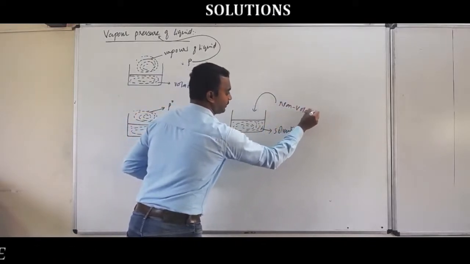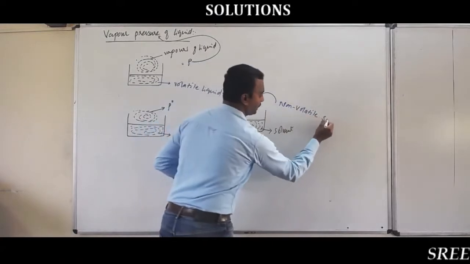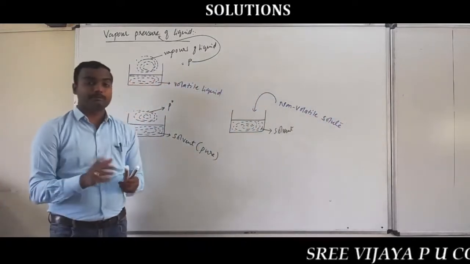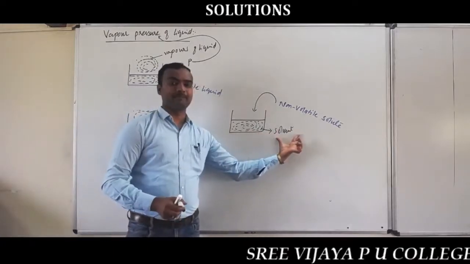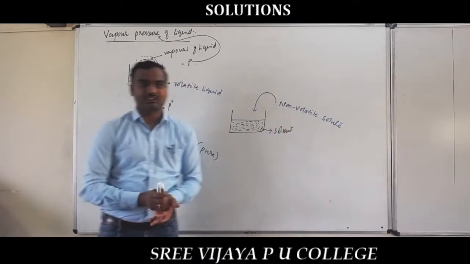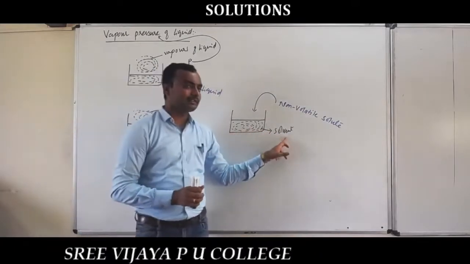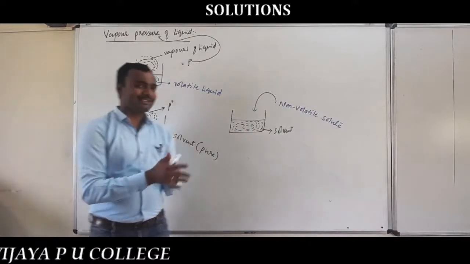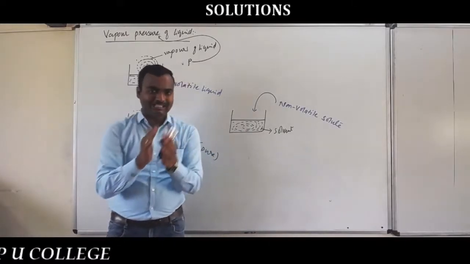This is a very important question. What happens to the vapor pressure of a solvent when adding a non-volatile solute? That is a simple question. The answer is that the vapor pressure of the solvent decreases.